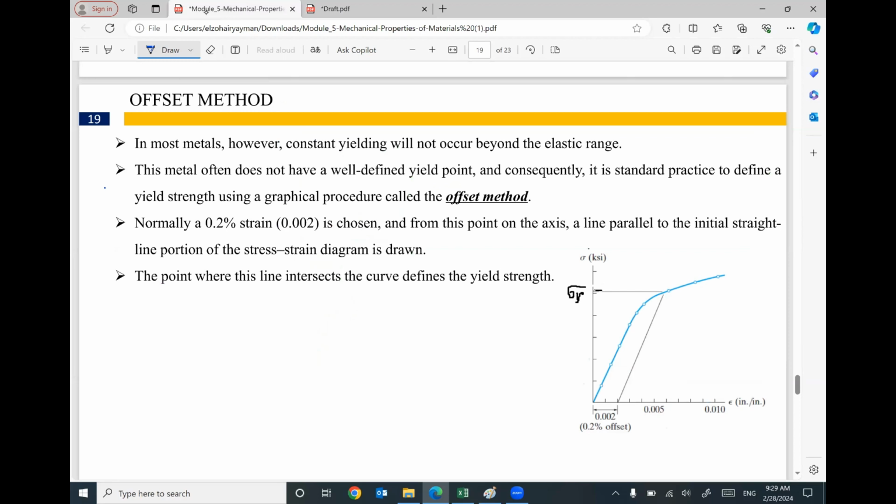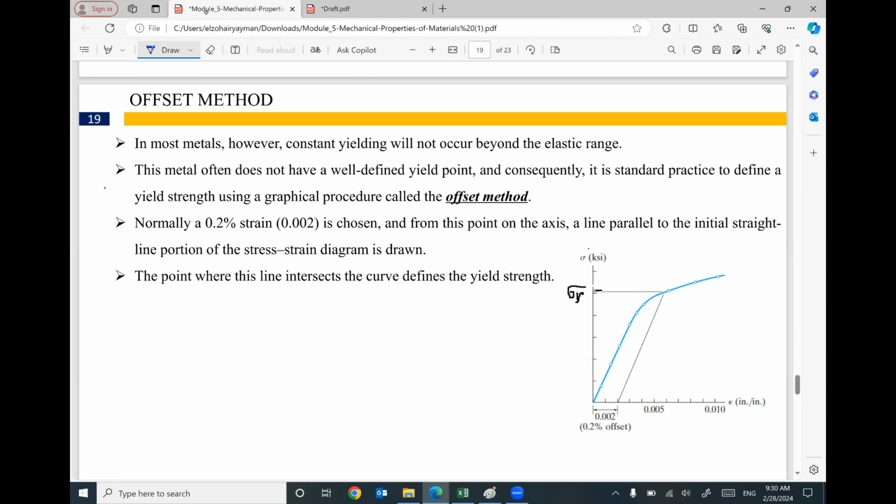The curve, after we finish up the linear relationship, we are going to start with the strain hardening directly. In this case, how to figure out the yielding stress? We have a method for this case, which is called offset method. So, in most metals, however, constant yielding will not occur beyond the elastic range.